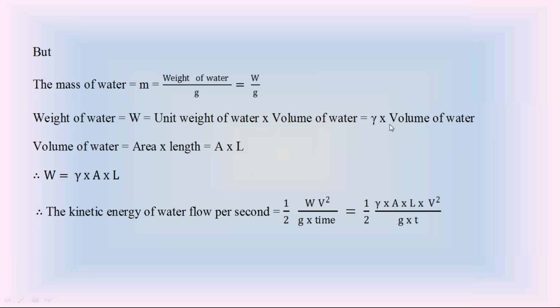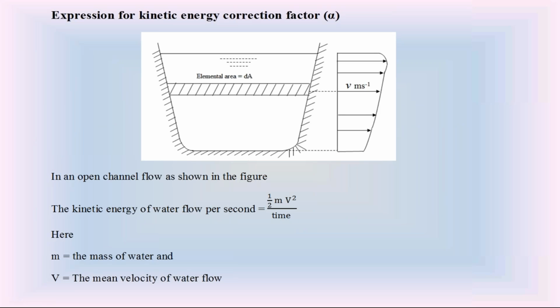So please follow the steps carefully. In this derivation of the equation for the kinetic energy correction factor, first we discuss the kinetic energy of water flow per second in the open channel.